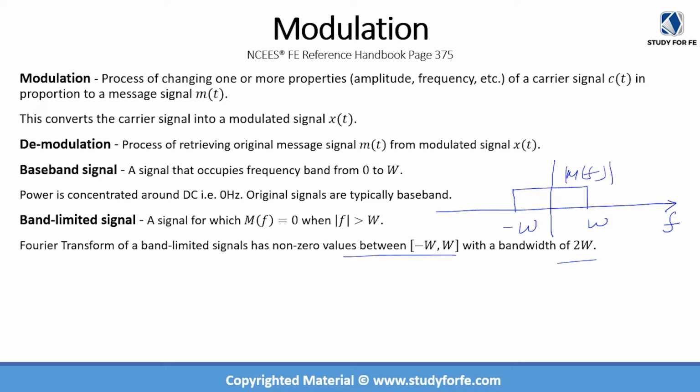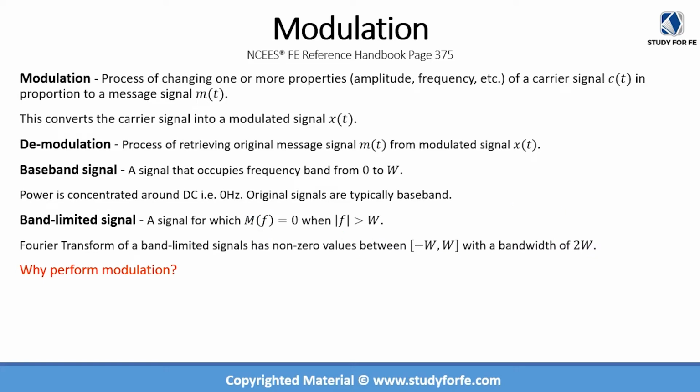So you can see that the frequency spectrum only exists between -W and W. The total bandwidth is 2W from here to here, and it is 0 outside of this. So it is 0 when the frequency magnitude is greater than W. When the frequency in the positive half exceeds W, it becomes 0, and the same is true for the negative half. So it is only defined for a very specific frequency range.